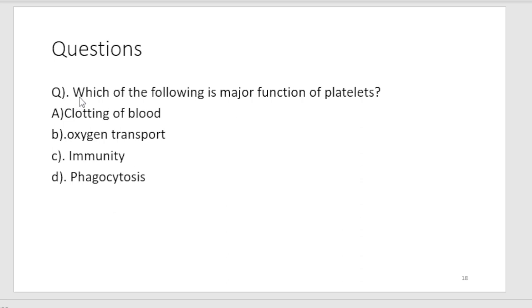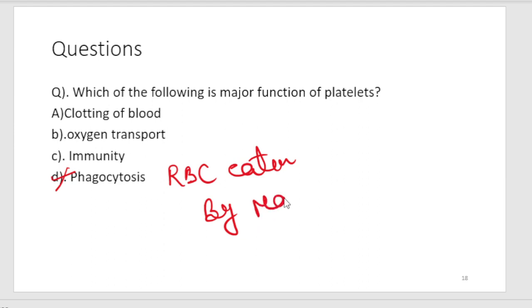And the next question is, which of the following is the major function of platelets? One is clotting of the blood. Next one is oxygen transport. Third one is immunity. Fourth one is phagocytosis. Phagocytosis is a process that is not the answer. Phagocytosis is the process in which your RBCs are eaten by macrophages.